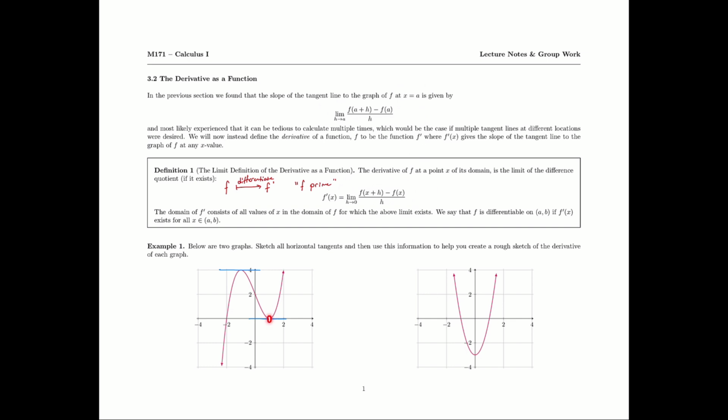So at this point, I guess x equals 1, the derivative would be 0 because the slope of this line is 0. Whereas over here at 1.75, let's say, the tangent line is this. So the slope must be some positive number, since it's a positive slope.